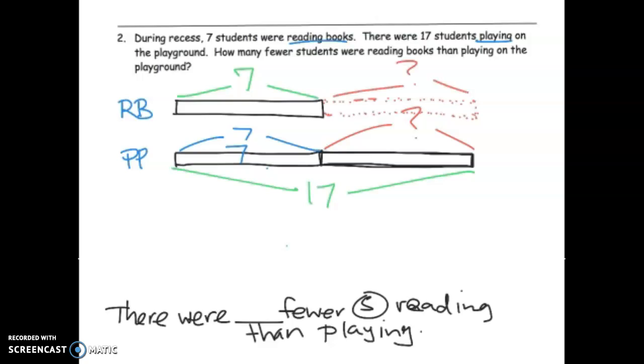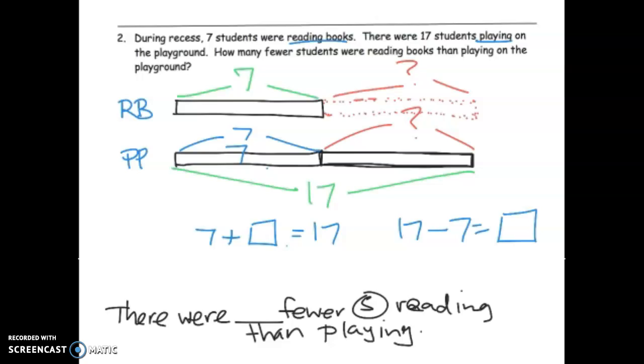And so the question is, what's that question mark? Well, we could think of it as 7 plus what gives us 17. Or another way we could think of it is 17 minus 7 gives us our missing value.